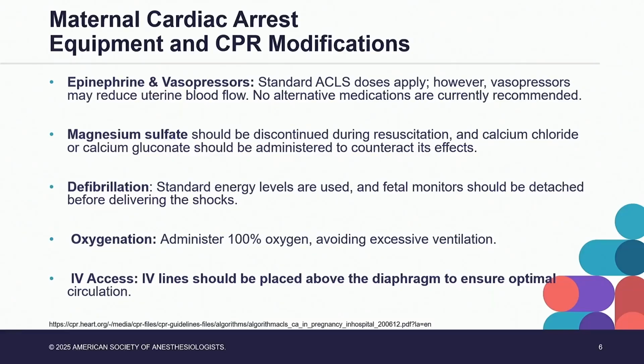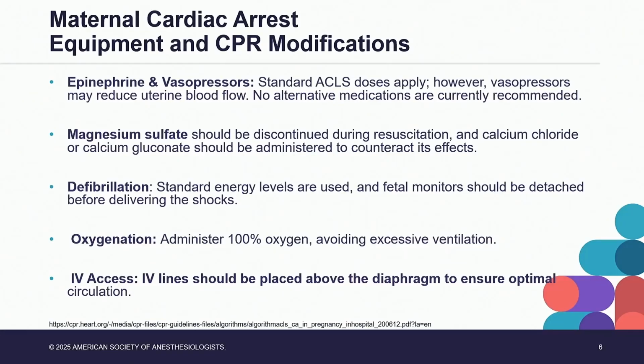You call for help. Immediately you start compressions, you do not delay that. It's very, very important to assign a timekeeper. And why is that? The baby needs to come out by 4 minutes based on the new recommendations from the American Heart Association. It used to be 5, now it's 4.